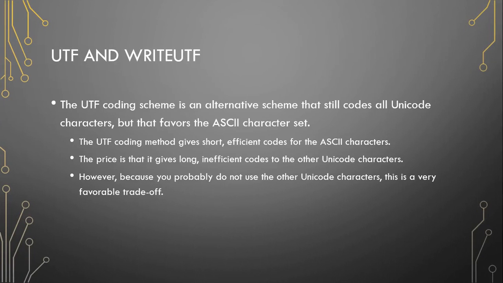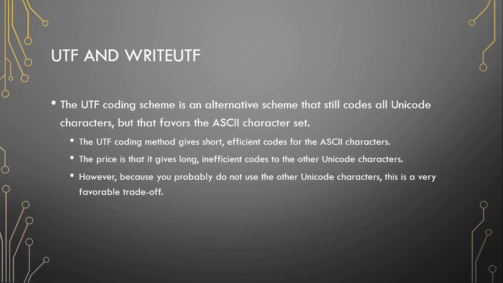Now, the UTF coding scheme is an alternative scheme that still codes all Unicode characters, but that favors the ASCII character set. What the UTF coding method does is give short, efficient codes for all the ASCII characters. The price, though, is that it gives long, inefficient codes to other Unicode characters.